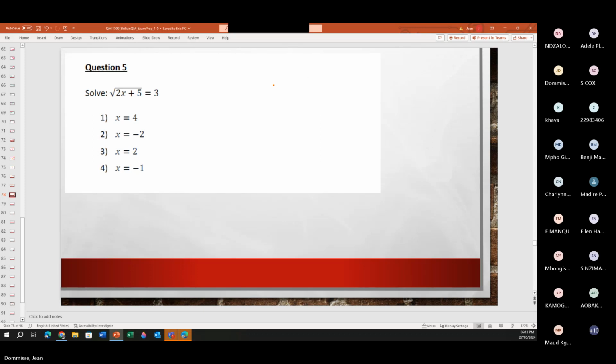So whatever is under that square root, what must I square root to get 3? If I say 3 to the power of 2, that is 9. So I could have said, okay, that answer must be equal to 9.